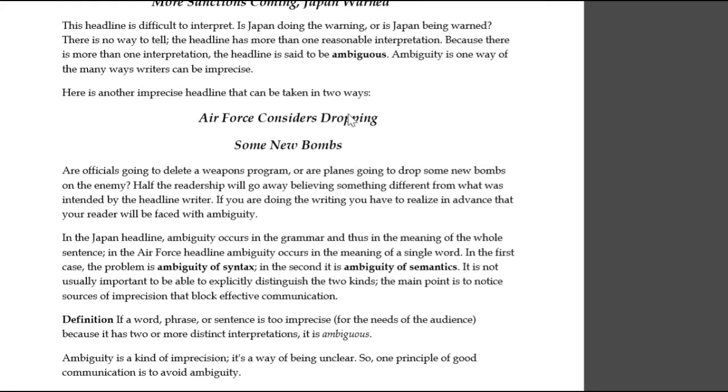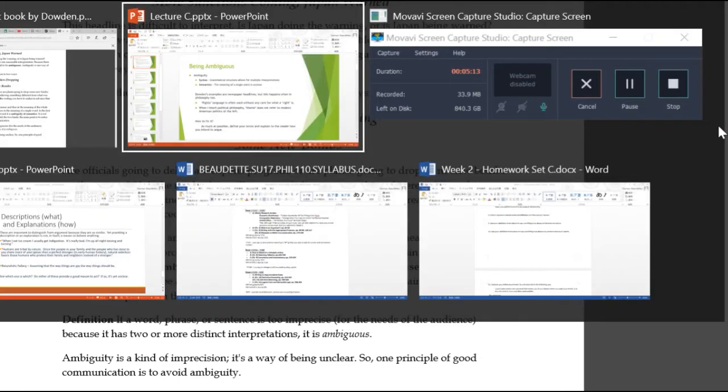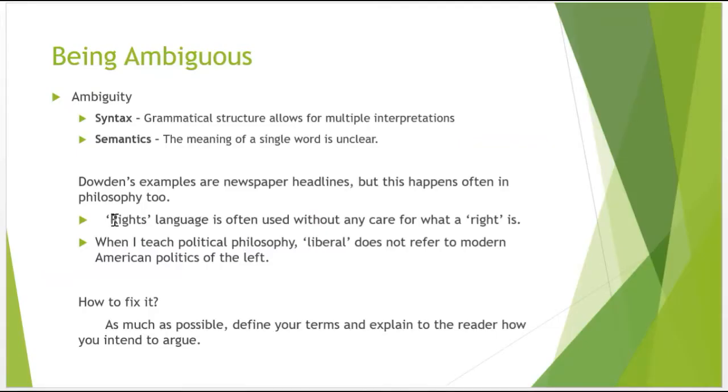So it's ambiguous because this dropping, we don't know if they mean dropping in a bombing sense, like you would do in a war, or dropping as in discontinuing. So certainly that's a semantic ambiguity, but frankly, that's also a little silly because you could just read the newspaper and figure that out. Here's something, though, that I find.